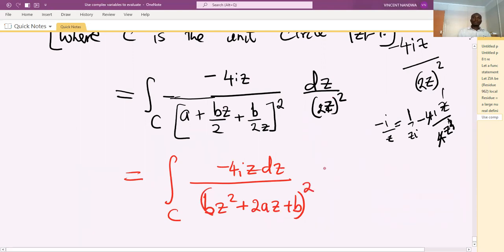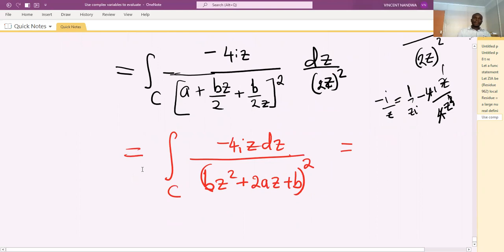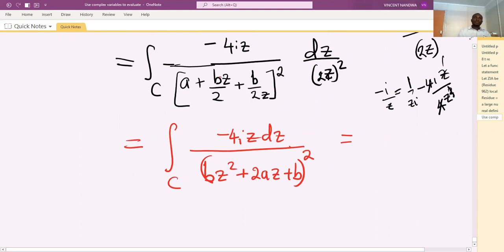So multiply this one by every term here, which will be given by, so I hope you should be able to see that here we have LCM 2z, and so 2za plus bz squared plus b, and then square.